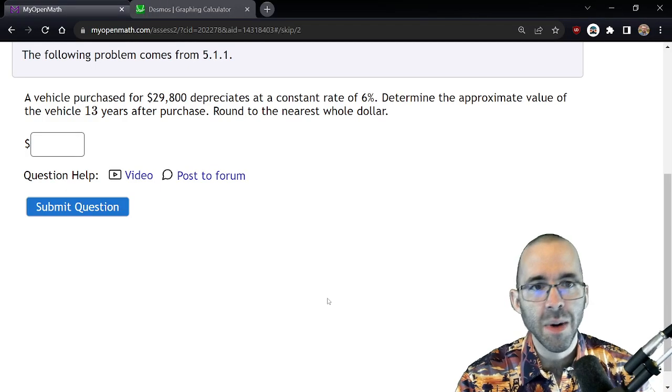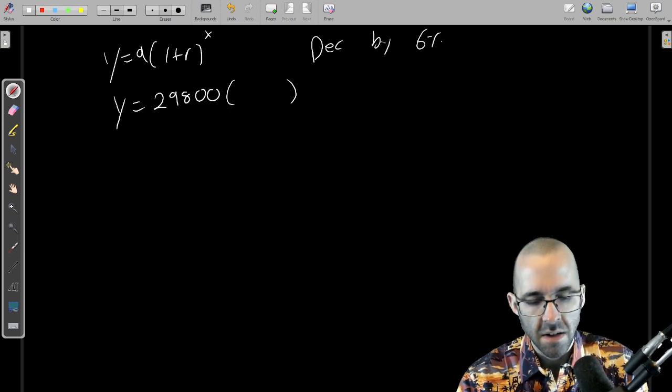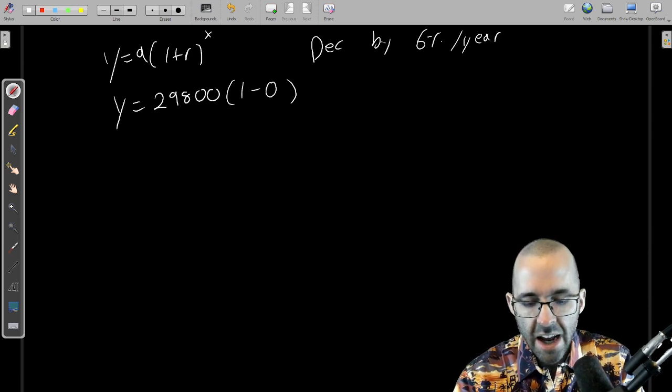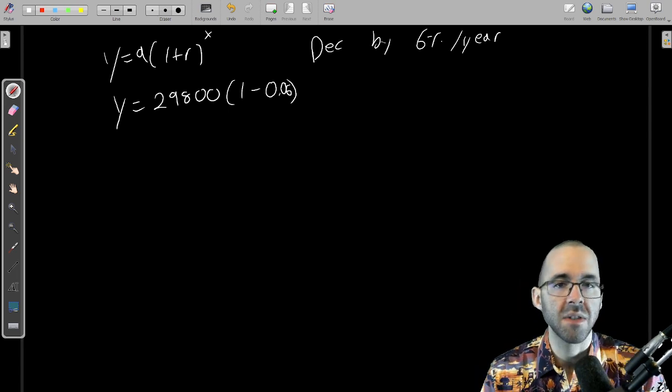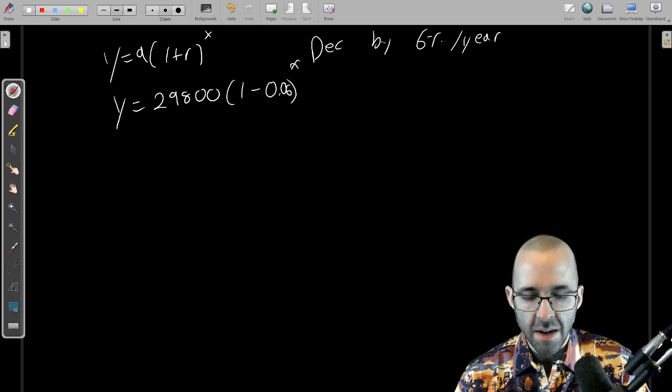Anyway, it's decreasing by 6% every year. So what's our r value? It's going to be negative 6%, negative 0.06. All right, and x is going to be number of years.